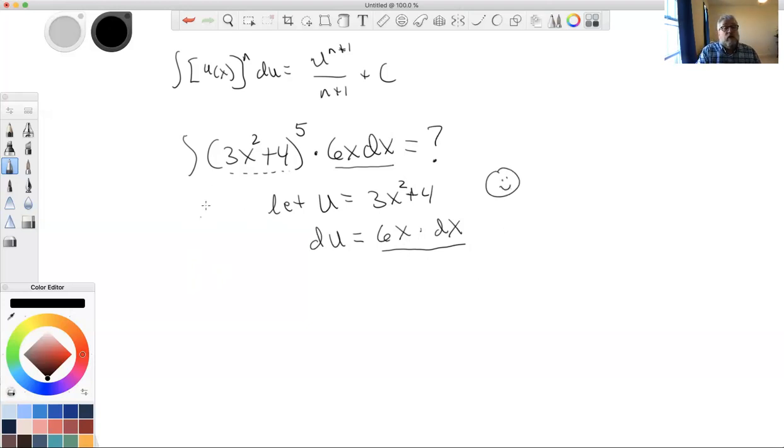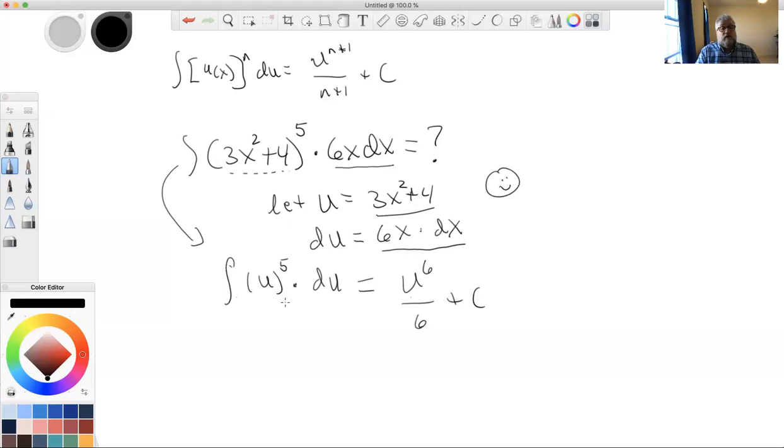So I can rewrite this integral as the integral of u to the 5th power, because here's my u, times 6x dx, which is equal to du. We have it in the same form as the rule up here. So I can rewrite this as u to the n, where n is 5, 5 plus 1, everybody say it with me, 6, right?